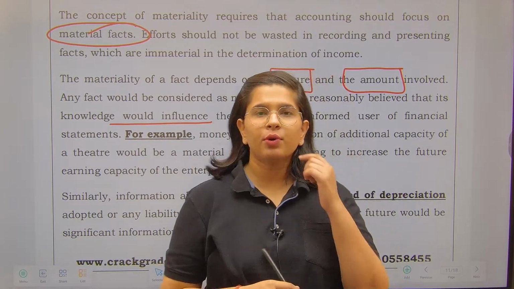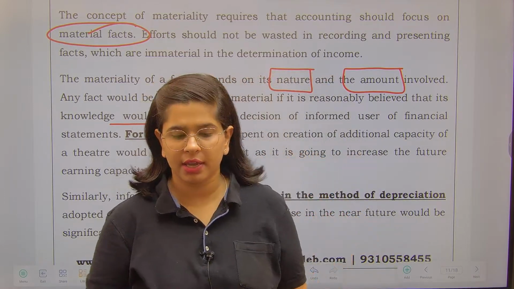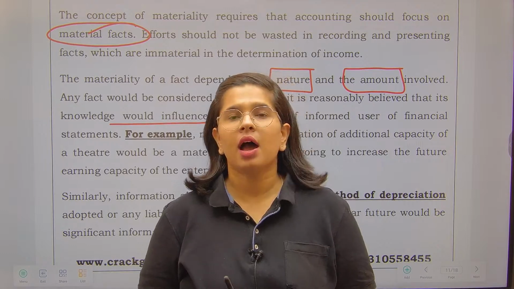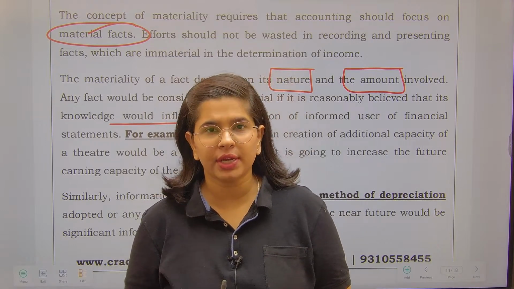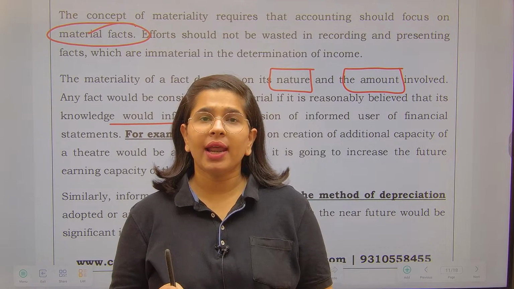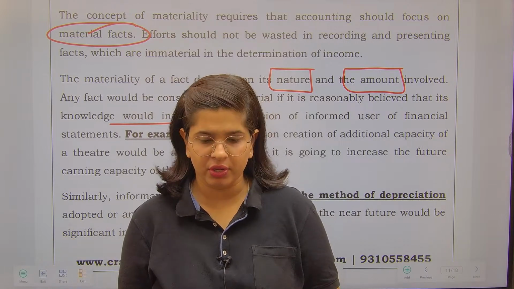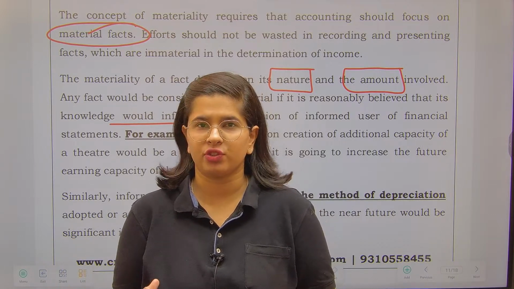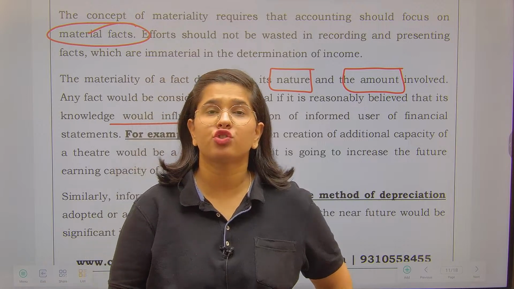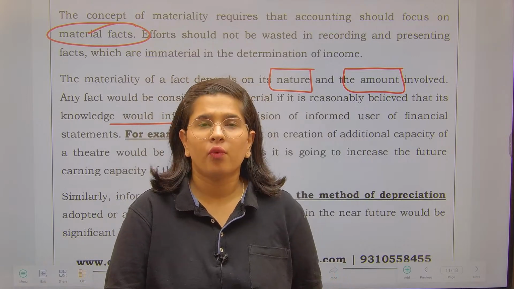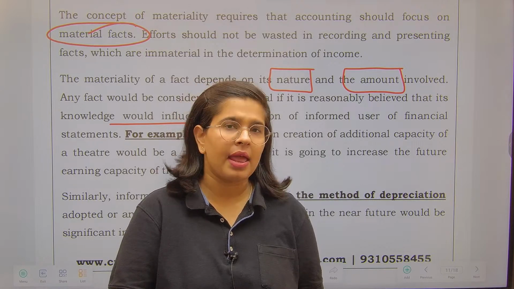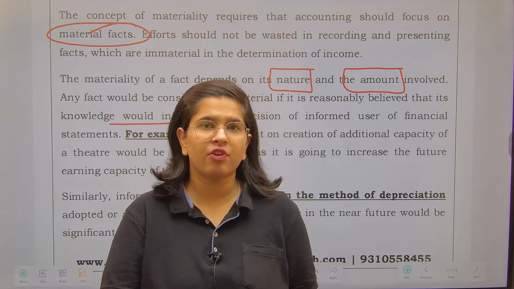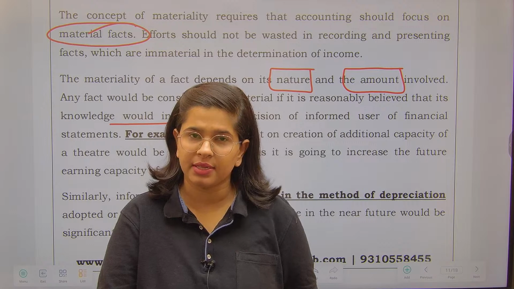I'll tell you. Suppose a company is bringing out its issue of shares. A company is bringing out its issue of shares and what happened was it is having 3 factories in India. But one factory got destroyed by fire. But they did not disclose this information in their financial statements, right?